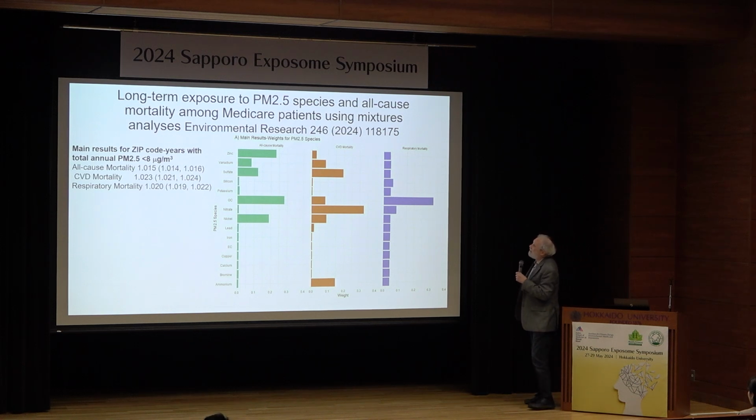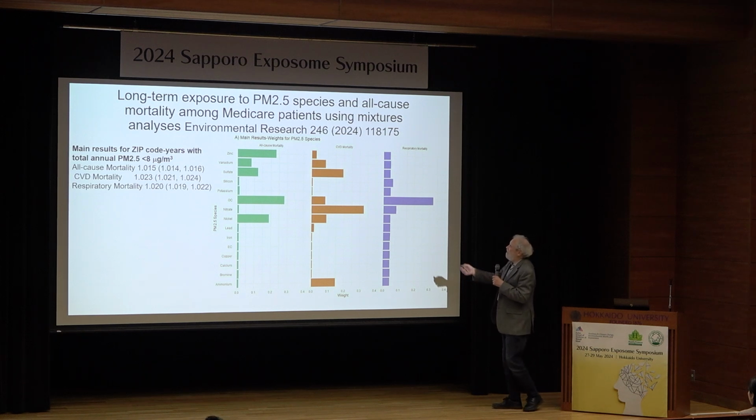So then we looked at the Medicare population. This is an elderly population, right? And we looked at mortality in the Medicare population using a mixture analysis, weighted quantile sums.